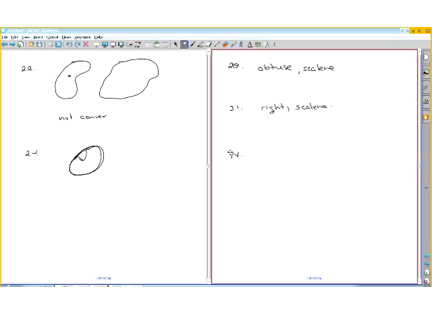Okay, 34 is another example of a right scalene triangle. So we'll actually change that to 35. Actually, let's do 33. So 33, you can see it has two sides that have the same length and a 90-degree angle. Because of the 90-degree angle, it's a right triangle.